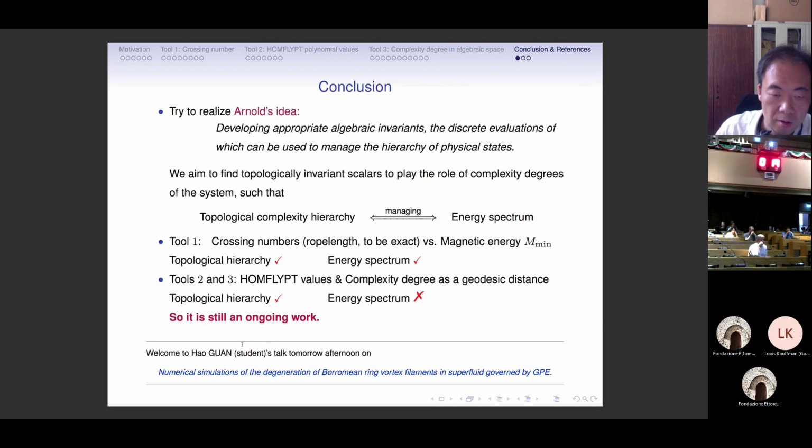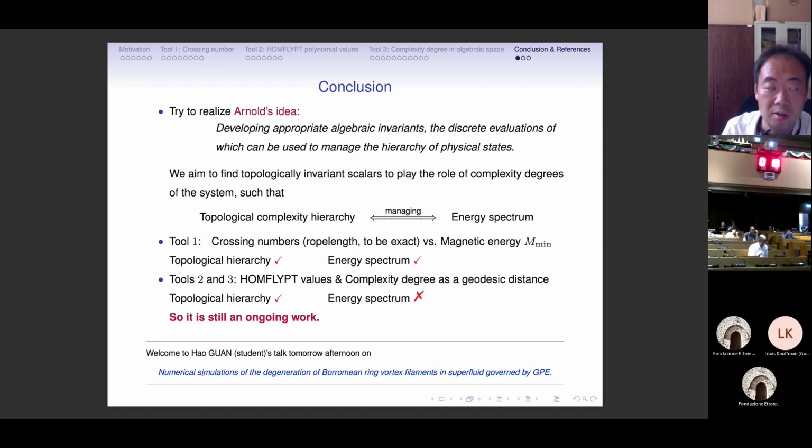Finally, I'd like to give an advertisement for my students' talk. Guan Hao, tomorrow afternoon, will give a talk on numerical simulations of degeneration of Borromean rings vortex filaments in superfluidity governed by GPE, the Gross-Pitaevskii equation.